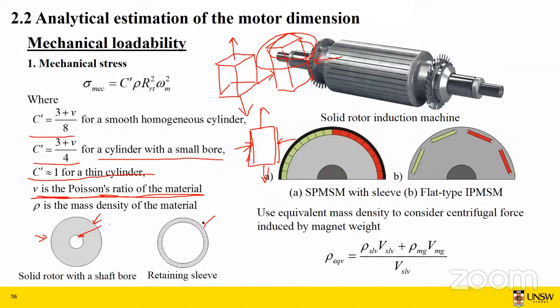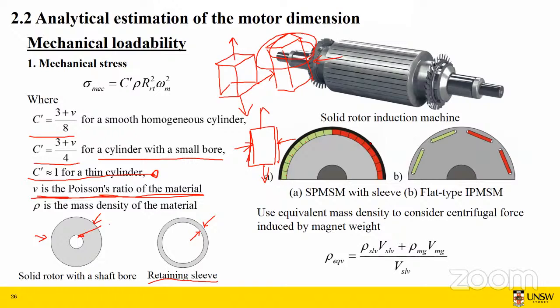Instead of having a small shaft bore, we have a large hole in the center. Normally, for this case, we can use this equation for electric machines with a retaining sleeve. That is in this situation: a surface-type permanent magnet synchronous machine, SPM-SM, with sleeve. So these are the magnets.